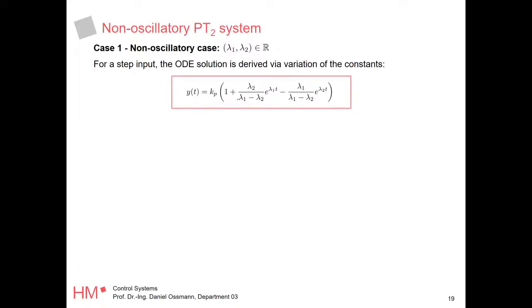For me, it's really important here to understand if you solve this second order ODE for a step input. Remember, our input is again a step input. This is your y of t. What you see here is these two exponential functions.